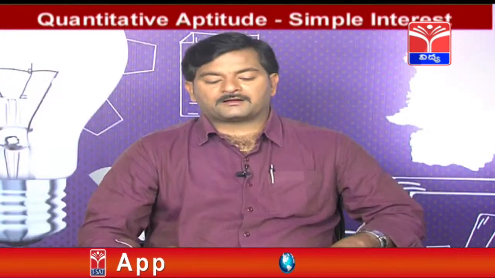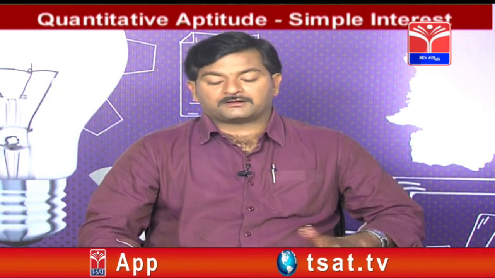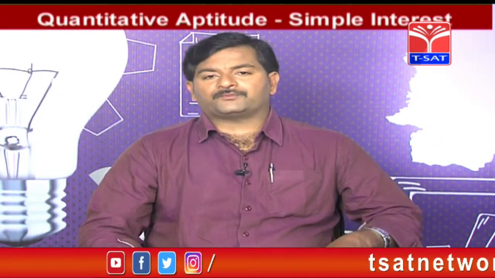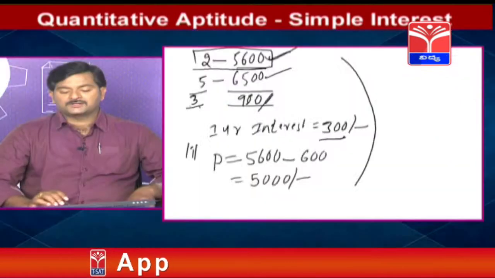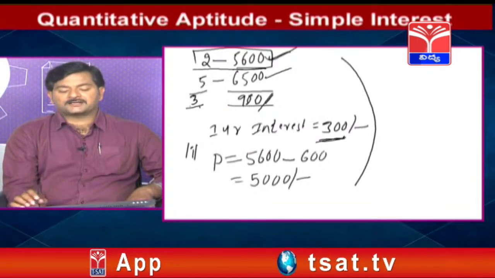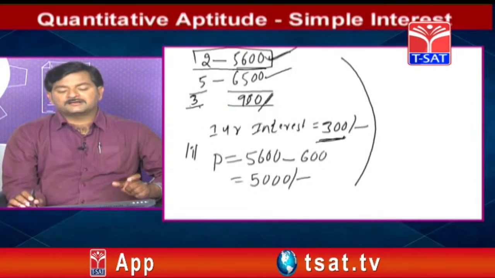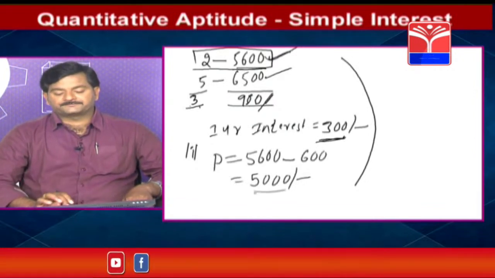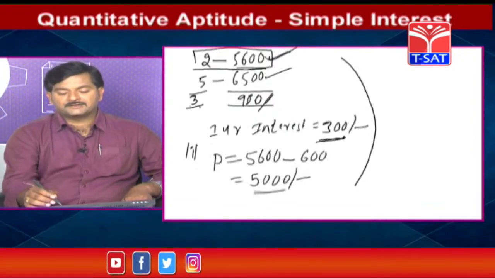Similarly, he asked you to find the rate of interest also. Either you can use I is equal to PTR by 100 or the type 2 known formula. Anyhow you will get the same answer. So what is my rate of interest here? 300 for how many years? For 1 year. Principal amount is 5,000 given.